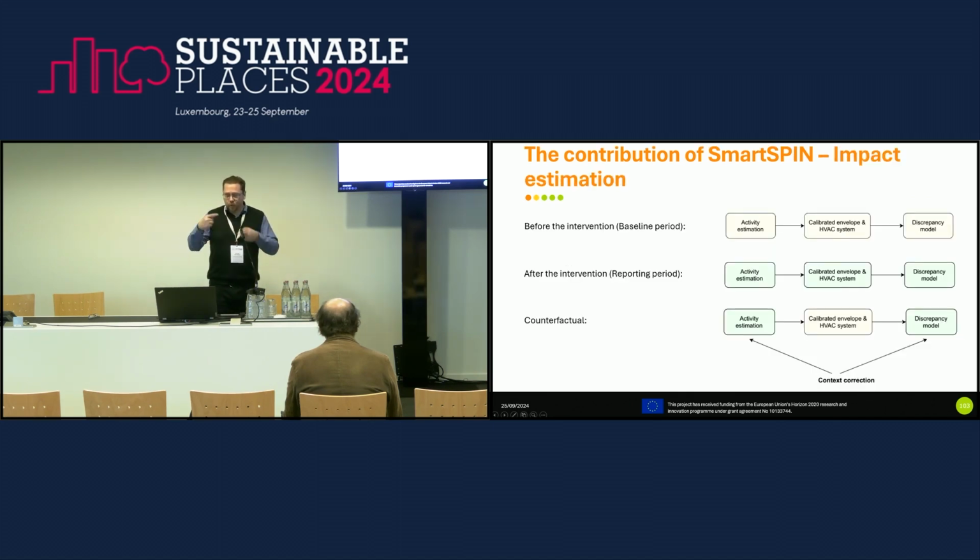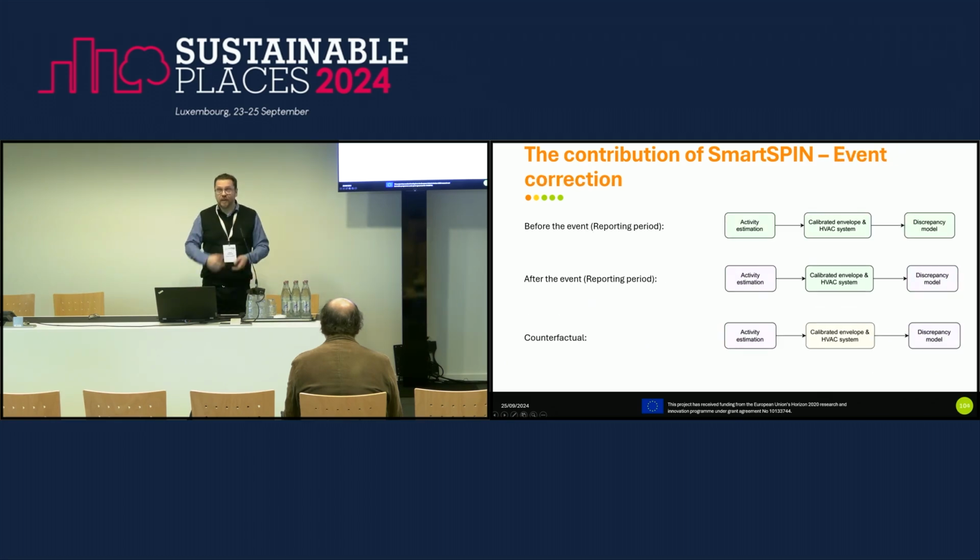Why do we do all that? We do all that because typically when we do M&V, we actually switch models together. So the idea is that you fit models before, you fit models after. It doesn't matter to use after-the-intervention data. You can do it, and then your counterfactual is a combination of your different models. And you can do this for impact estimation. You can do this to adapt to events. It's the same idea.